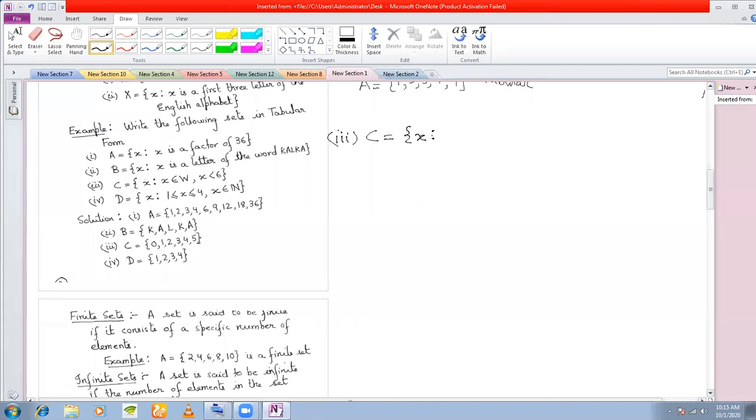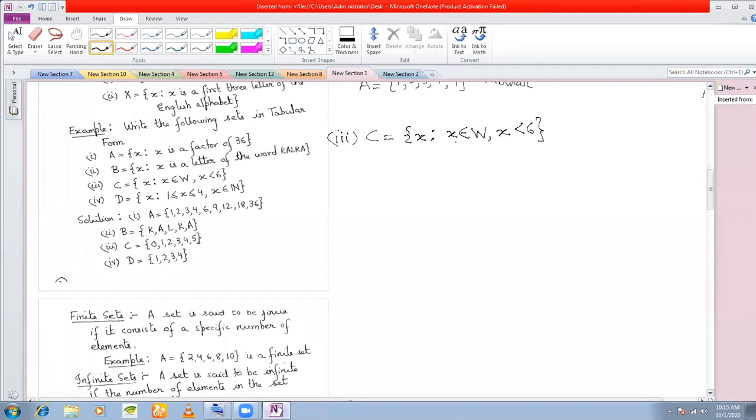What is the definition of x? How have they defined x? x is an element of C, but what is x? x is a whole number. We write x belongs to W. Okay, so x is an element of this set C, where x is a whole number and also, comma, x is less than 6.